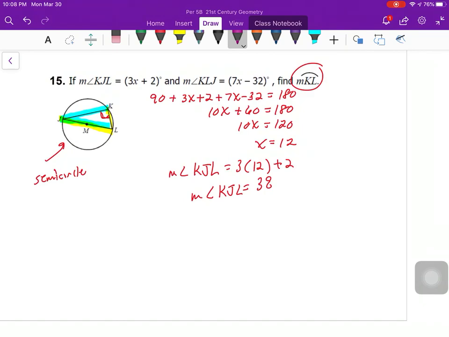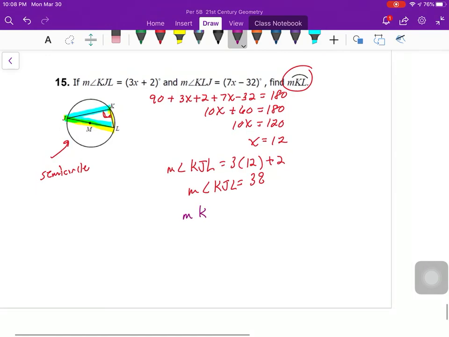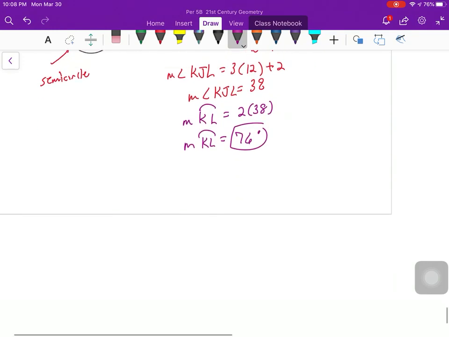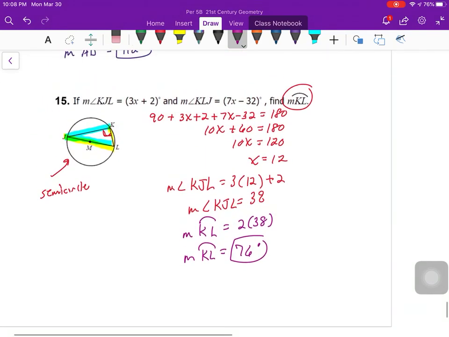So the measure of angle KJL will be 38. And then the arc has to be twice as big as that. So the measure of arc KL will be equal to 2 times 38. The measure of arc KL will be equal to 76.